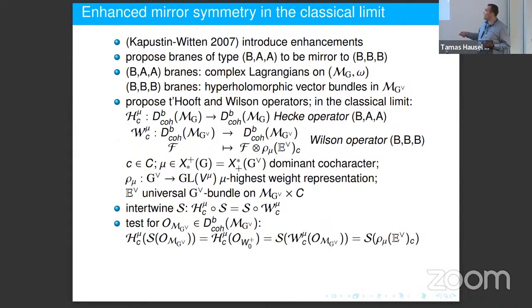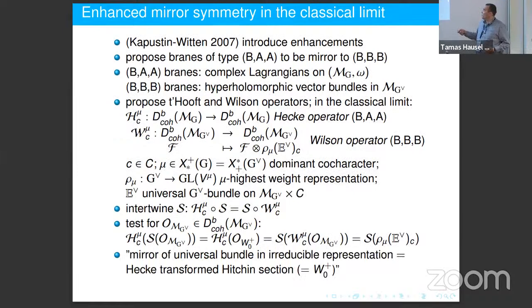On the other side, it's actually easier, of course, because we do know this vector bundle; tensoring with the structure sheaf does nothing, and we are talking about the mirror of this vector bundle in this representation given by this highest weight representation. So the mantra here is that the mirror of the universal bundle in an irreducible representation should be the Hecke transformed Hitchin section.